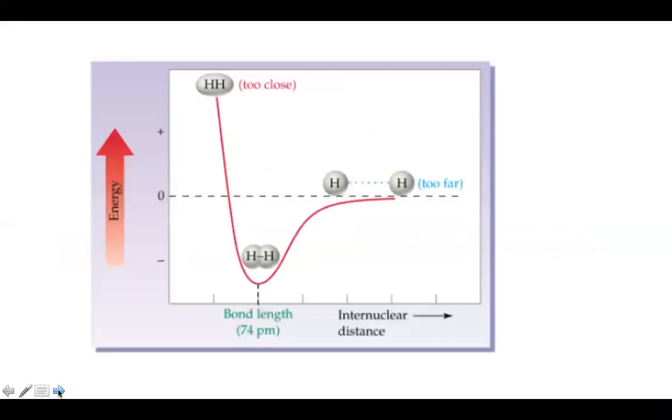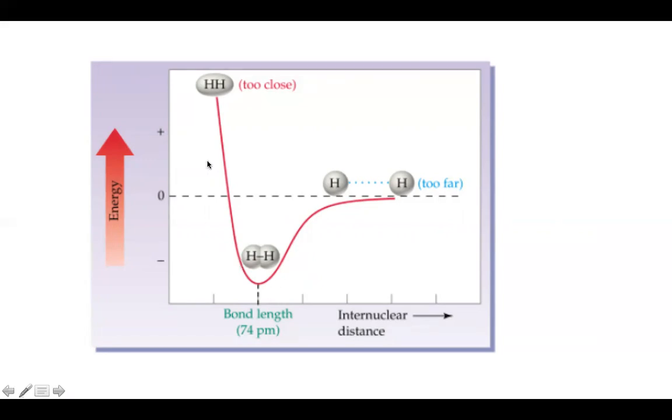All right, so here's an example of those potential curves. So again, energy on the y and internuclear distance on the x. What these curves look at is like a balancing act between when the two atoms are too close versus too far apart. And where they're just the right distance from one another is the bottom of those wells, okay?